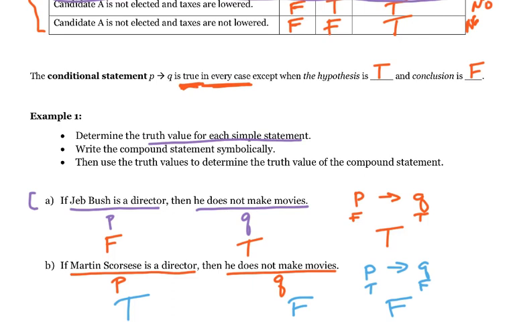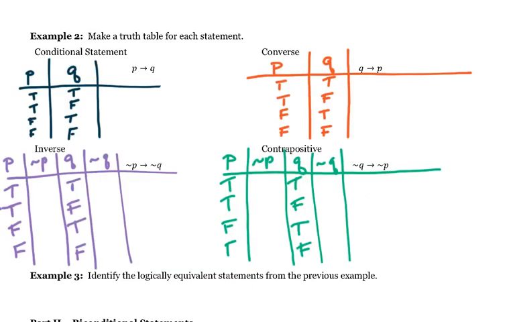I promise it'll get more clear the more you practice. For our next example, we're going to make truth tables for each statement. Now, when we have a conditional statement, that's what we just discussed. The only time this is false is if we started with a true hypothesis and ended up with a false conclusion. So in this example, my truth values for if P then Q would be true, false, true, true.